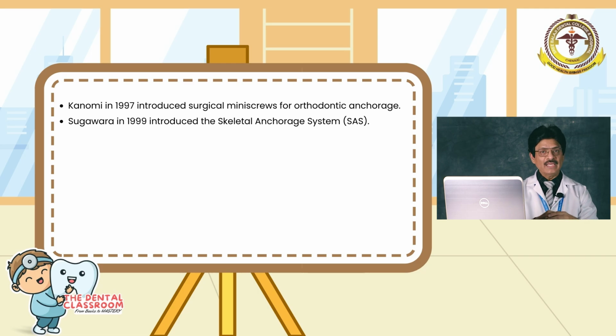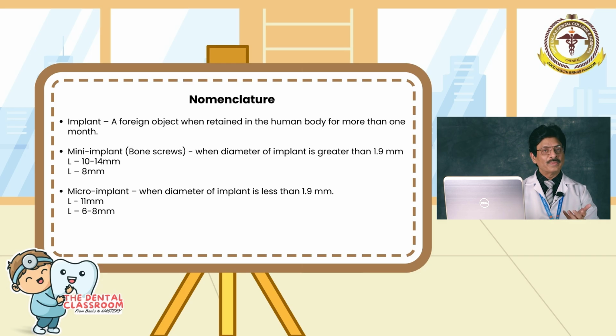It was Kanomi in the year 1997 who introduced the surgical mini screws for orthodontic anchorage, and in the year 1999 Sugawara introduced the skeletal anchorage system. So the nomenclature. We would first like to know what is an implant.